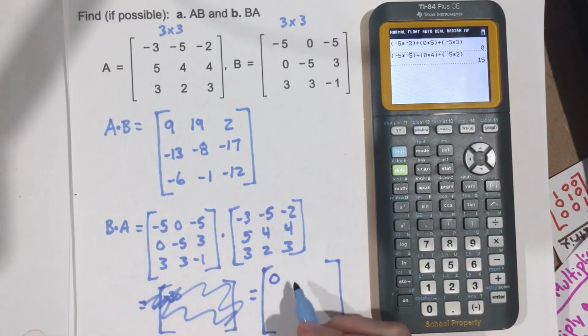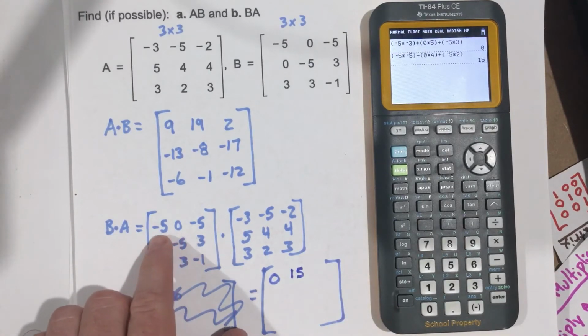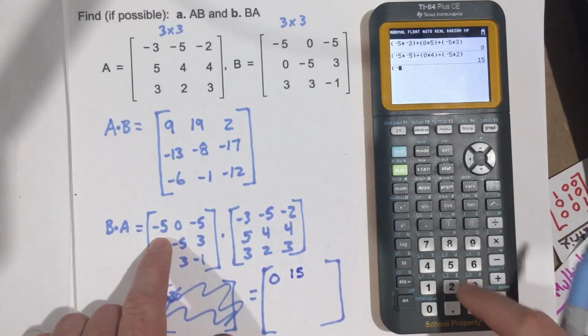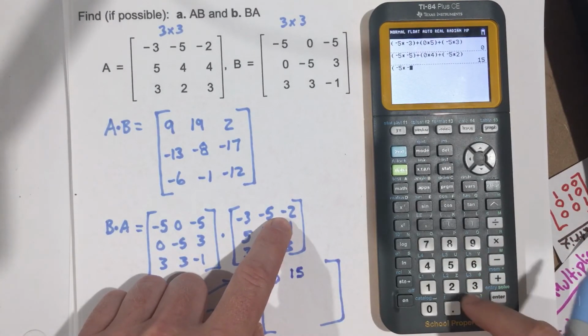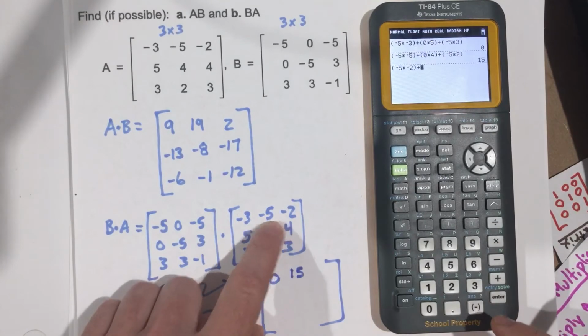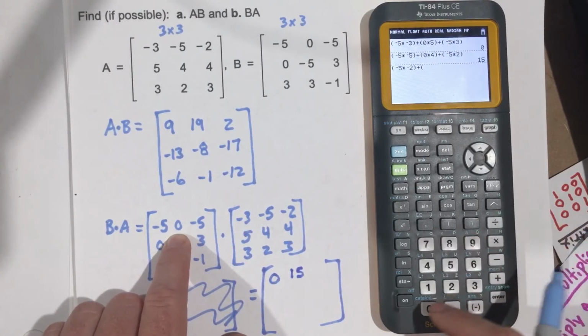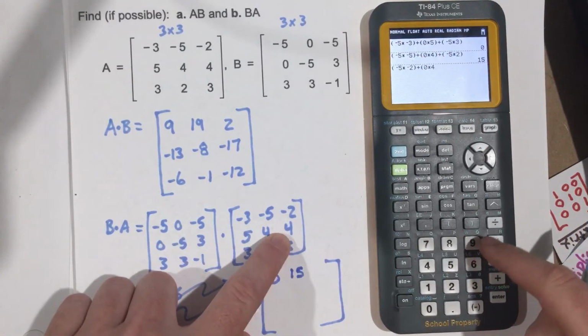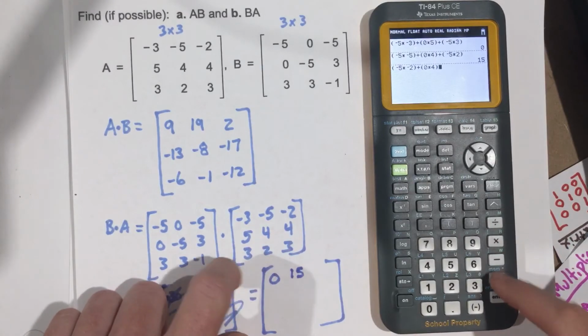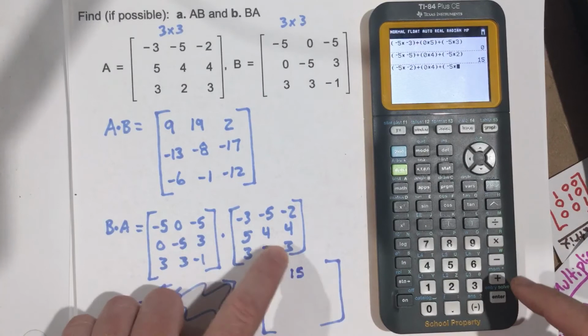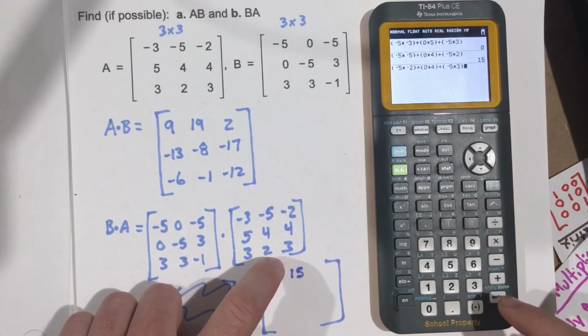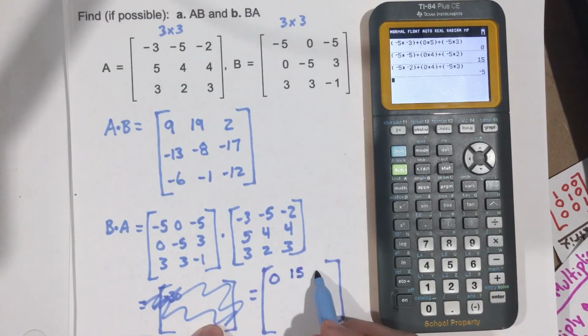Enter. 15 here in the middle. And then we're going to take negative 5 times negative 2 plus 0 times 4 plus negative 5 times 3. That's negative 5 here. And now we've taken care of row 1 here.